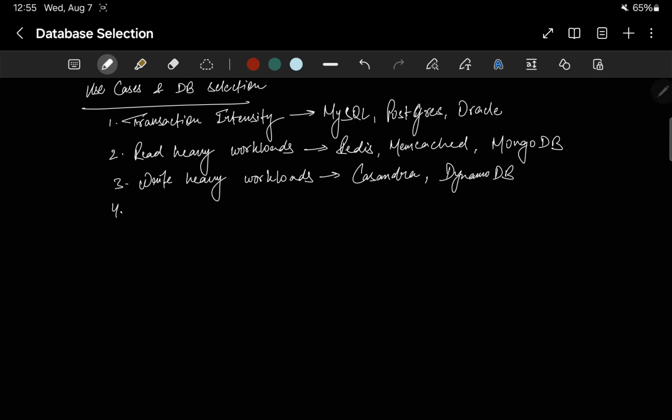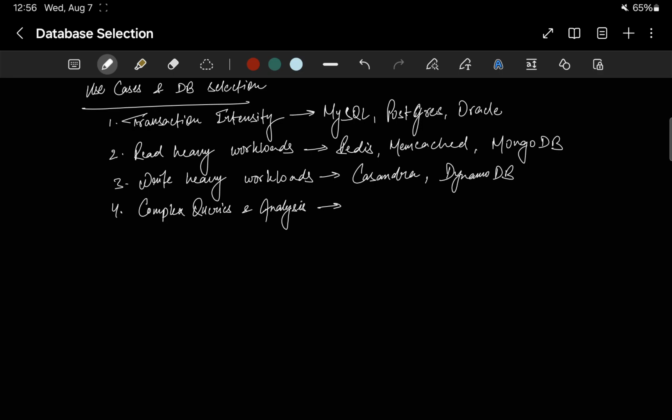Next is complex queries and analysis. For applications that involve complex queries, data analysis and aggregations, databases supporting advanced query languages and analytical functions are preferable.